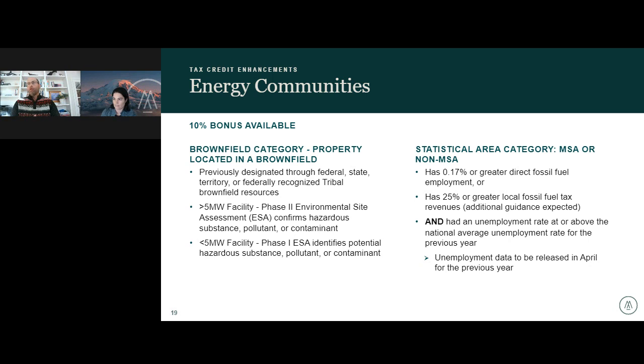And it's based on the unemployment data that's released usually every April. When the unemployment data came out this year in April, it took roughly maybe 6 weeks before the Department of Energy updated their mapping tool, and you could actually tell whether or not you were located in an energy community.